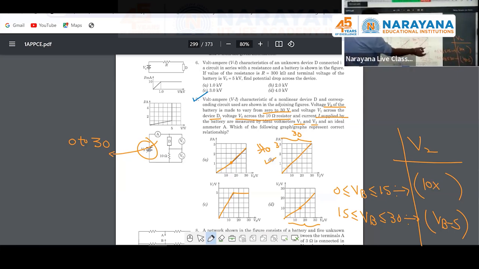The only thing required is the current function. Current function of this person and the 10 ohm person is the same. So what is the current function, actually? What is I? What was its current function?